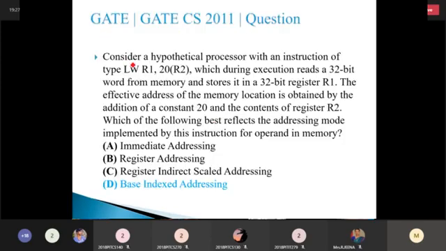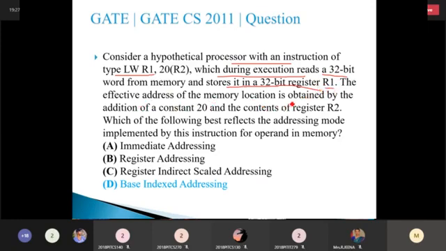So next example, next question. Consider a hypothetical processor with an instruction of type load. LW R1, 20 of R2, which during execution reads a 32-bit word from memory and stores it in the 32-bit register R1.